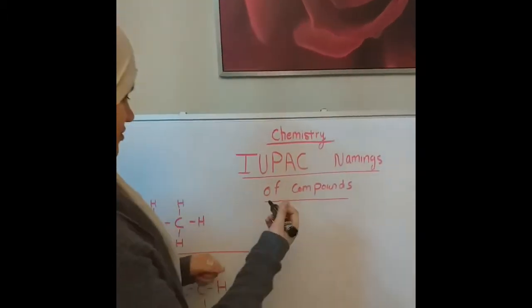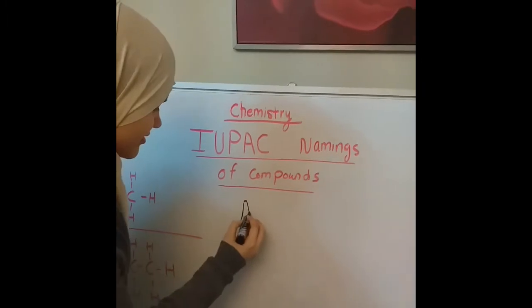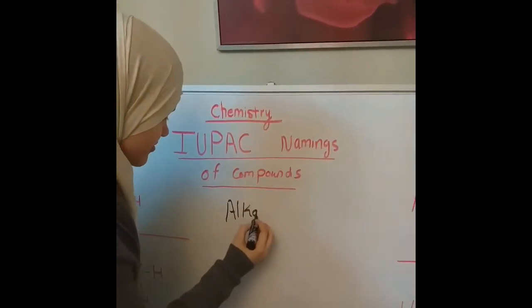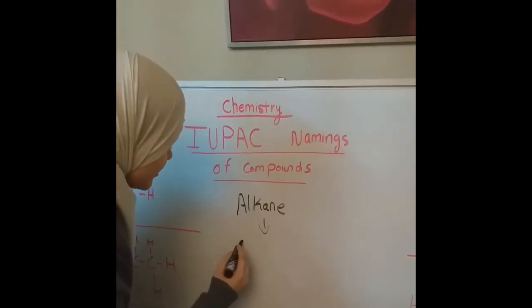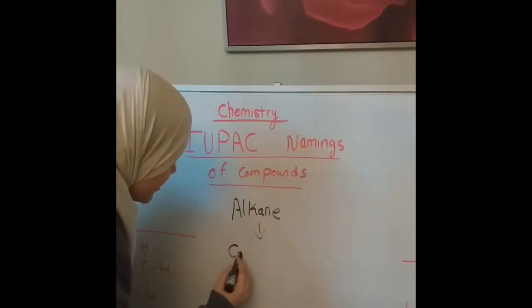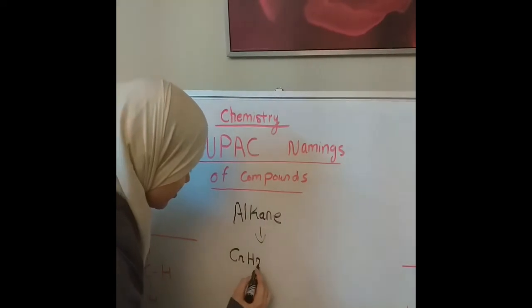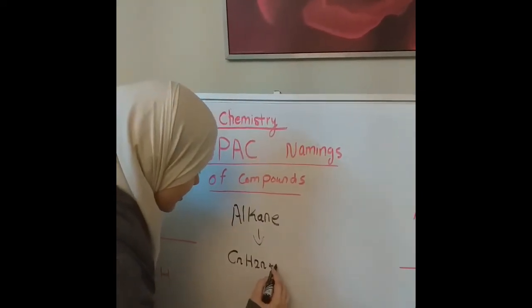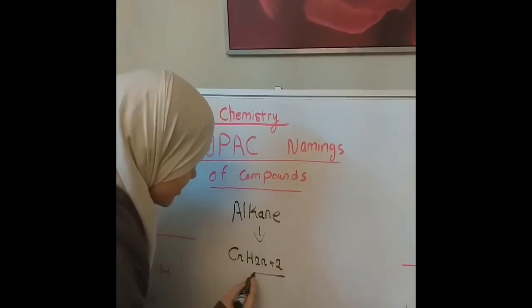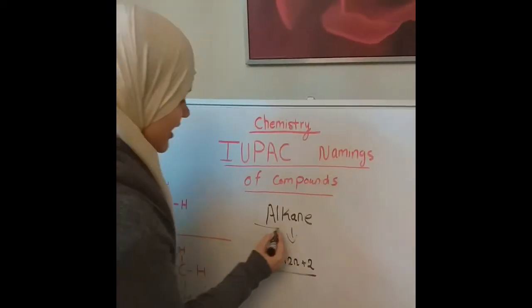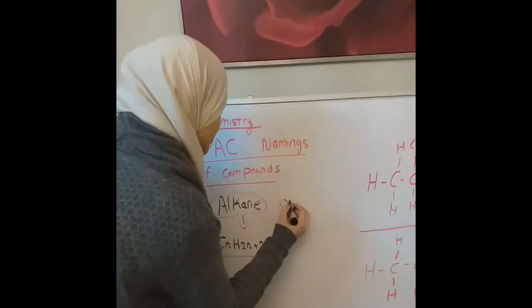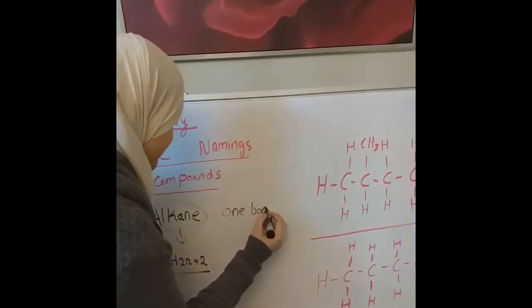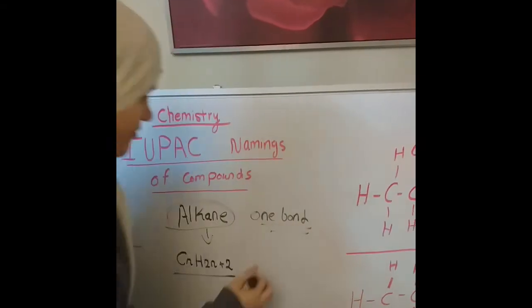The first thing, of course, we will start with the alkane. That's the formula of alkane. It is CnH2n plus 2. This is the formula for alkane, and alkane, of course, has a single bond.